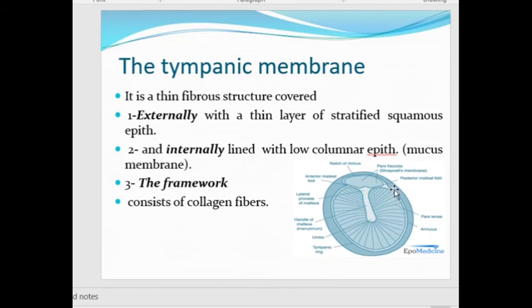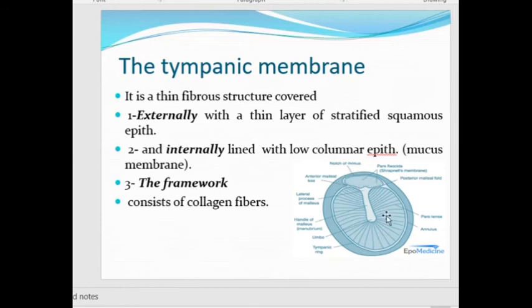Therefore, the periphery of the tympanic membrane becomes condensed. This rim is called the fibrous annulus. It is deficient in the superior part of the tympanic membrane, which is the attic region.